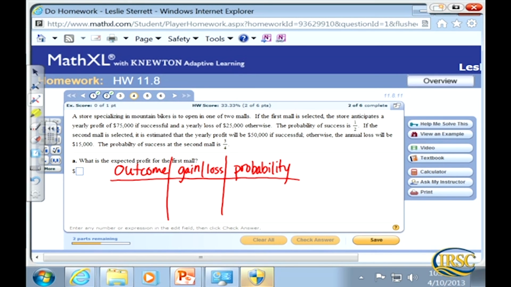Think about the words that they used in the problem. Successful, right, was the word that they used in there. So you could be successful or unsuccessful, or not successful, however you put that.